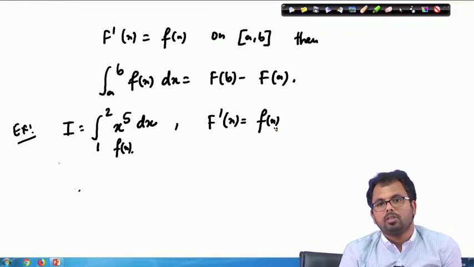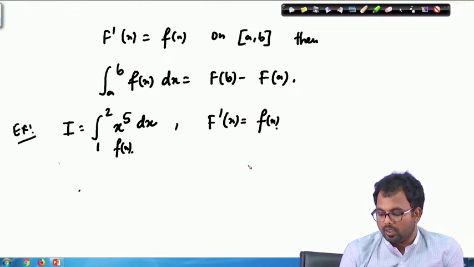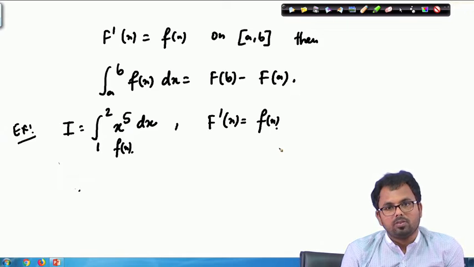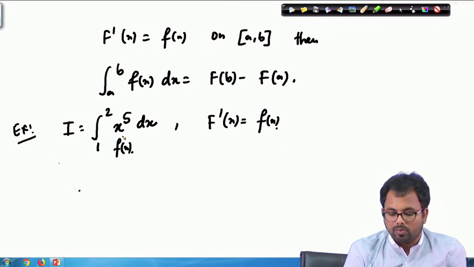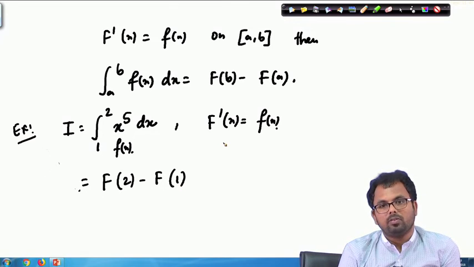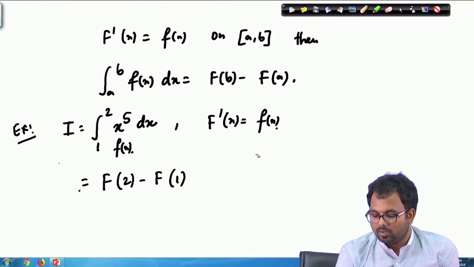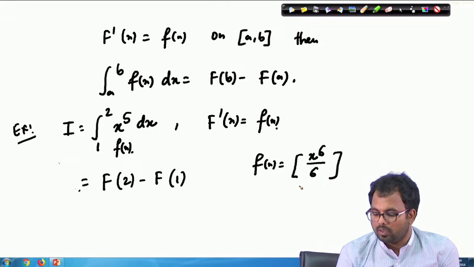So this is all about finding an antiderivative, and if we can find a capital F of this type, then in that case the integral would be nothing but the difference of that capital F at the point 2 minus the value of that capital F at the point 1. So in this case it is very easy to find this capital F. Here our capital F would be x to the power 6 by 6.